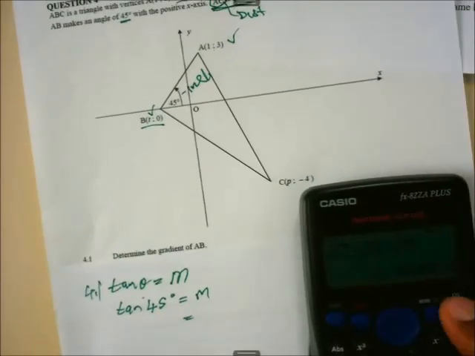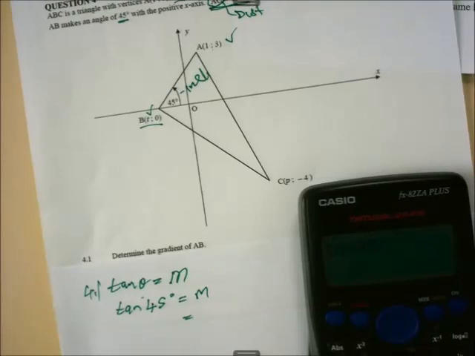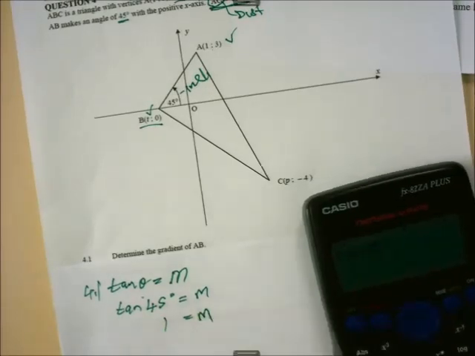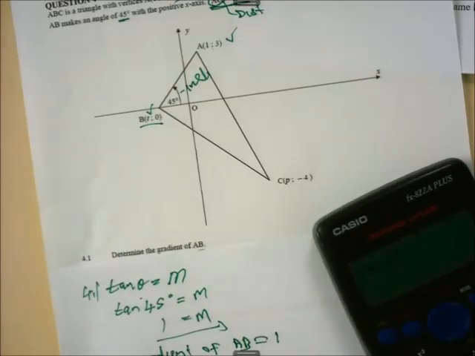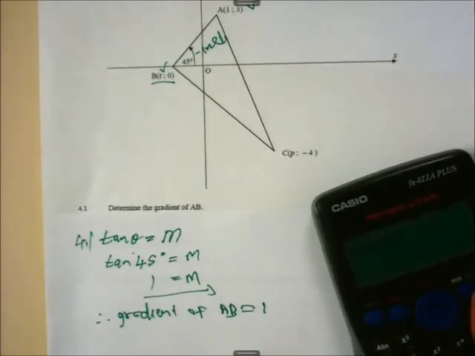That is tan of 45 degrees. What is tan of 45 degrees? It's 1. What is the meaning of this? It means the gradient of AB is equal to 1.